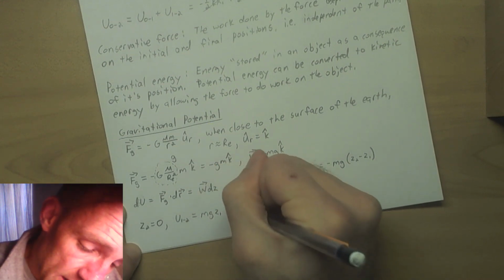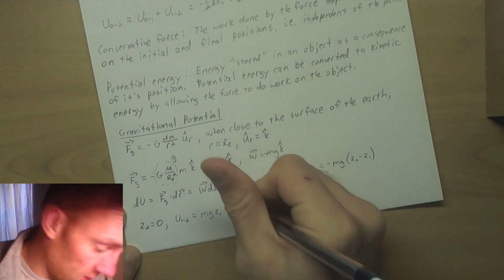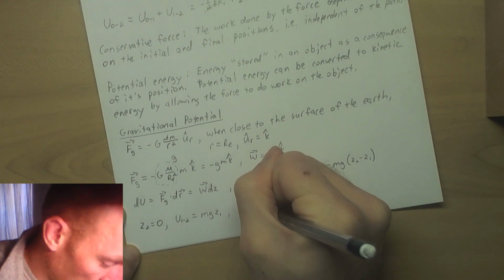So we call this the potential function. We call this a potential, the gravitational potential.